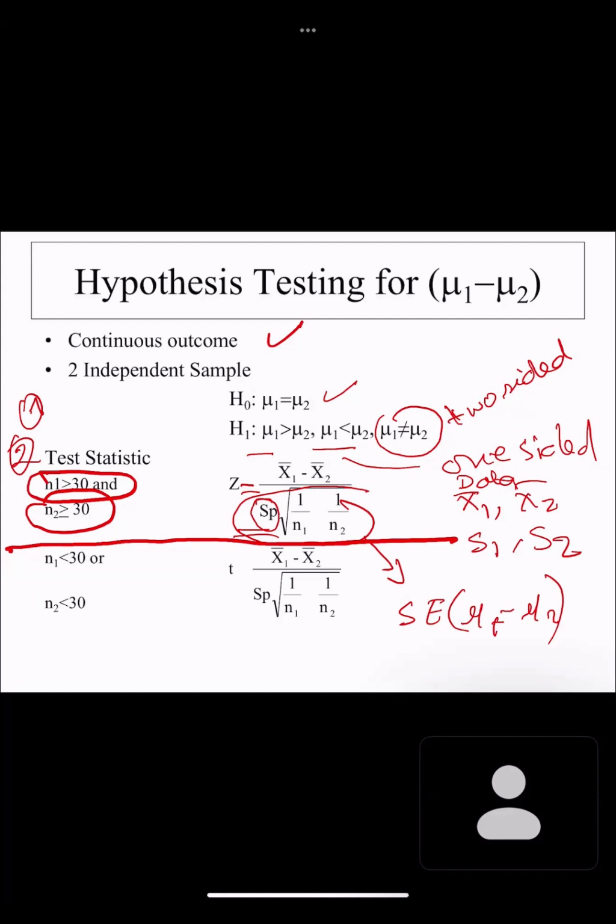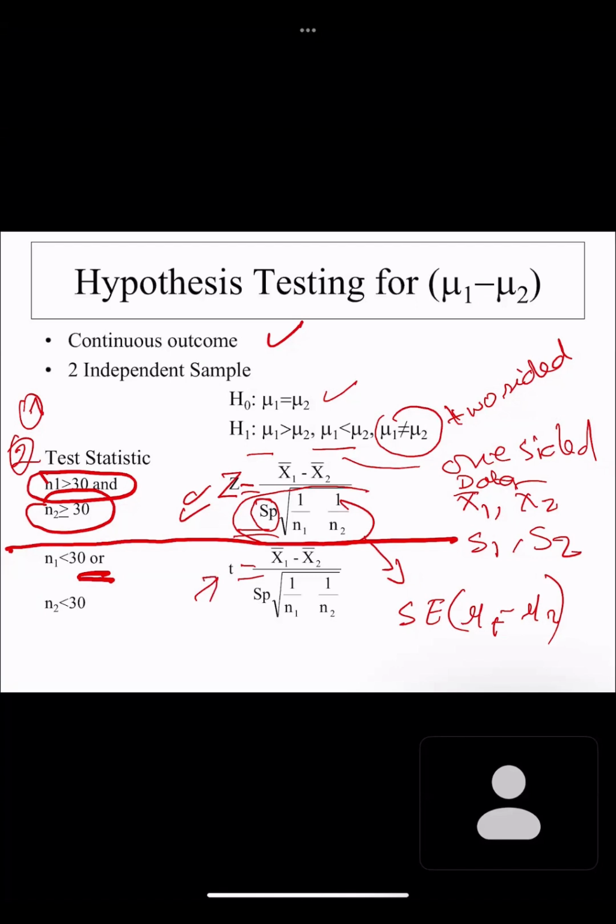So this is if my n1 and n2, both of them, are greater than 30. Then the normality assumption is met, and I'm fine using z. Z equals x bar 1 minus x bar 2 over the pooled standard error. And if n1 or n2 is less than 30, not less or equal, then my test statistics is not the z, but a t-test.